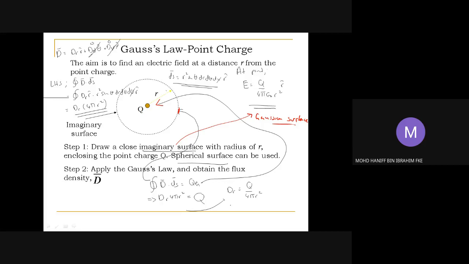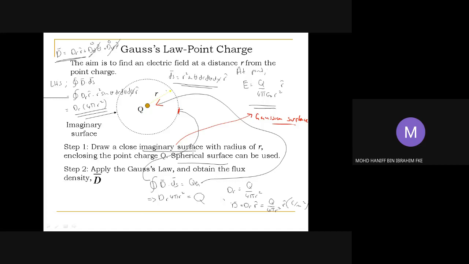Further on, from our relationship just now, where the vector D only consists of Dr in the direction of R, we can write that the vector D shall be equal to Q over 4 pi R squared, in the direction of R, in coulombs per meter squared.